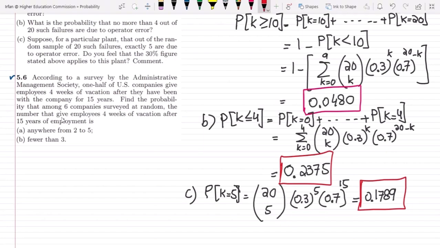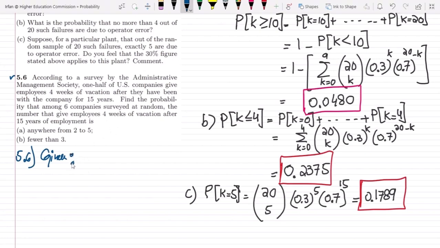Find the probability that among 6 companies surveyed at random, the number that give employees 4 weeks of vacation after 15 years of employment is anywhere from 2 to 5, and fewer than 3. First of all, let me see what the given data is. This is question 5.6. The probability is that either the company gives vacation to its employees or not.